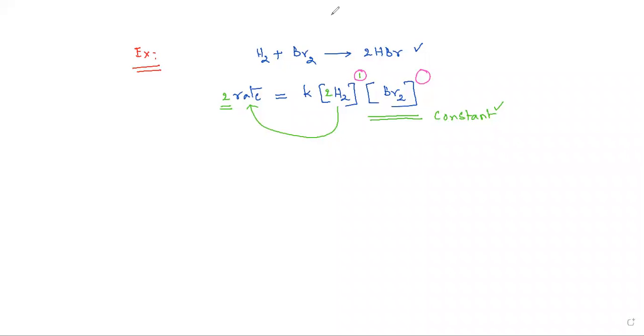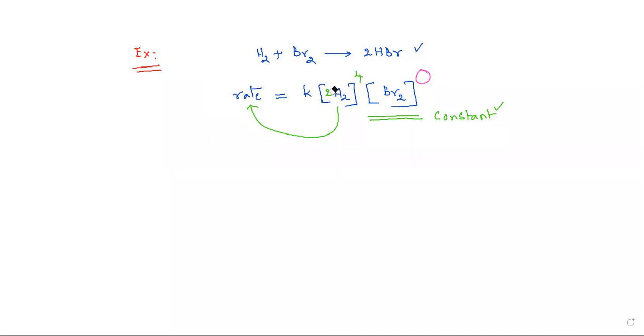Now suppose the concentration of hydrogen is doubled and the rate became 16 times. What is going to be the power? 4. Simple.